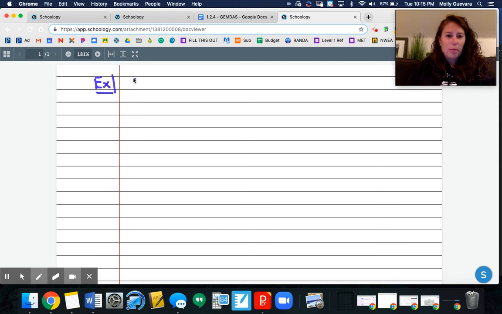So last example, again, is simplify. Not solving. So I have 4.3 minus [(25 minus 9) divided by 2] squared.